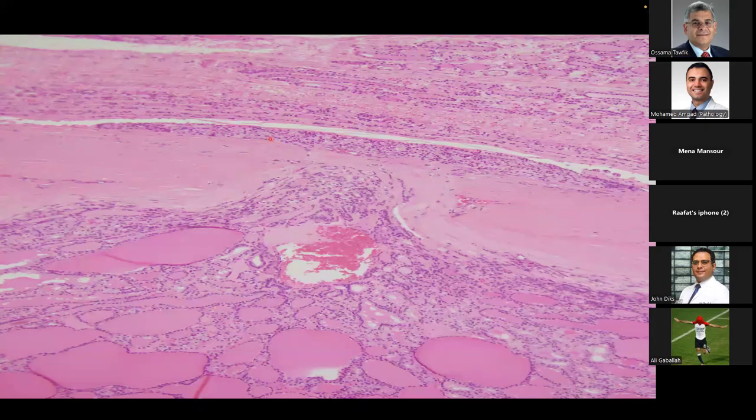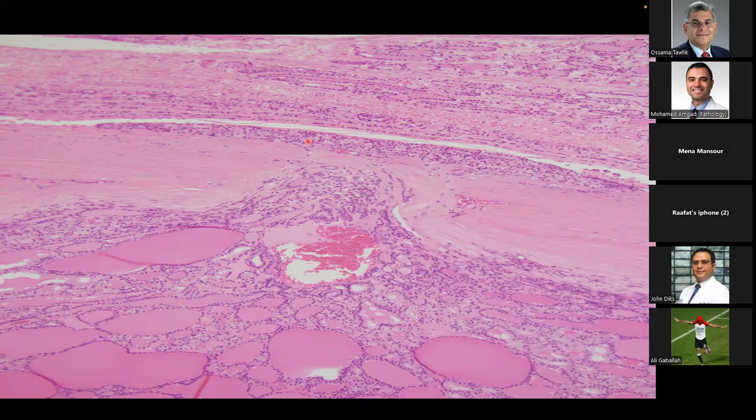That means it went through, but we're not seeing the exact breakthrough point. I would call this invasive. And really, if you find the same pattern lesion outside of the capsule, always call it invasion.